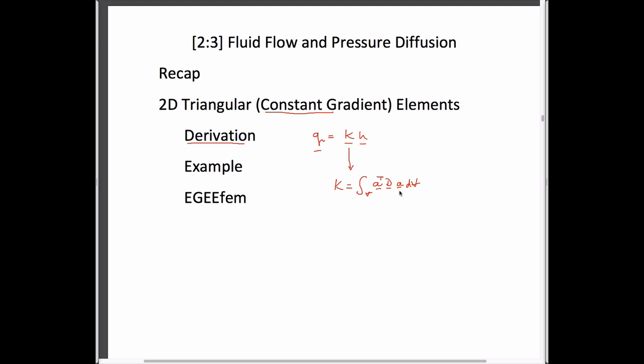And the individual components are that the A matrix, in this particular case, for a two-dimensional case, links what? It takes the derivative of heads with respect to x. It takes the derivative of heads with respect to y. The element that we'll deal with will be a triangular element that we'd like to define.